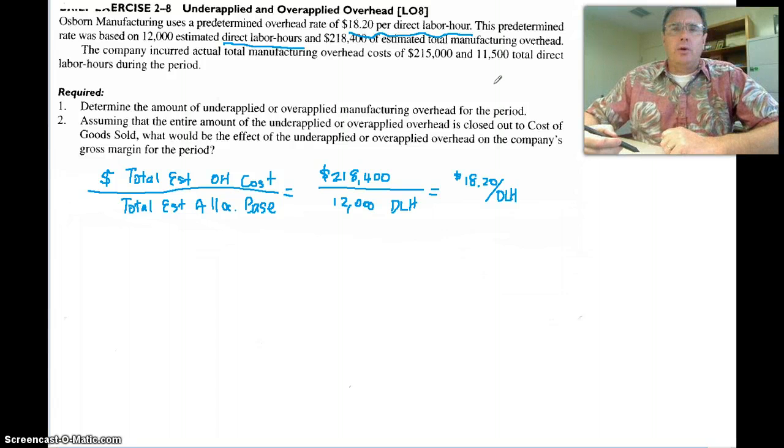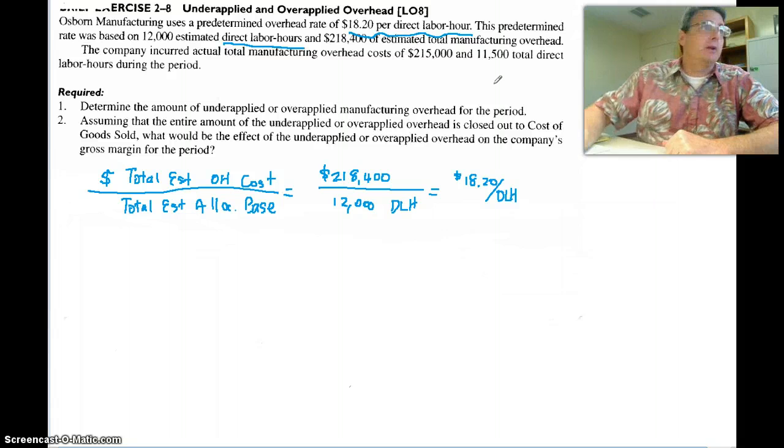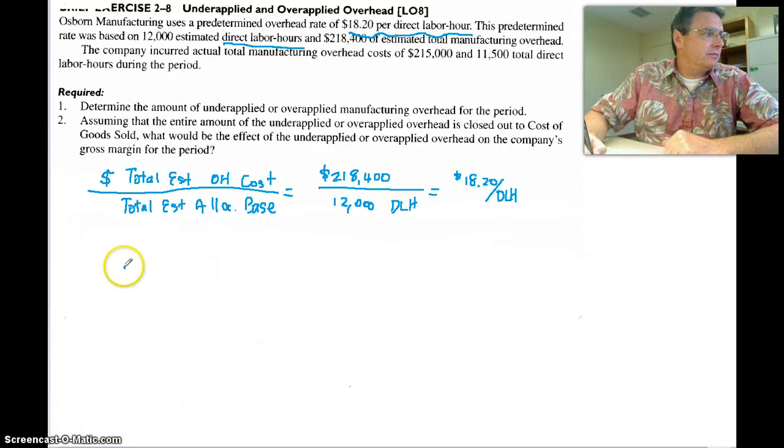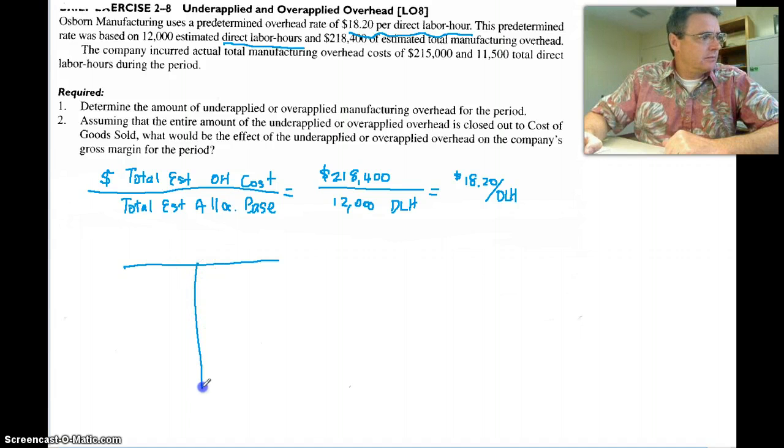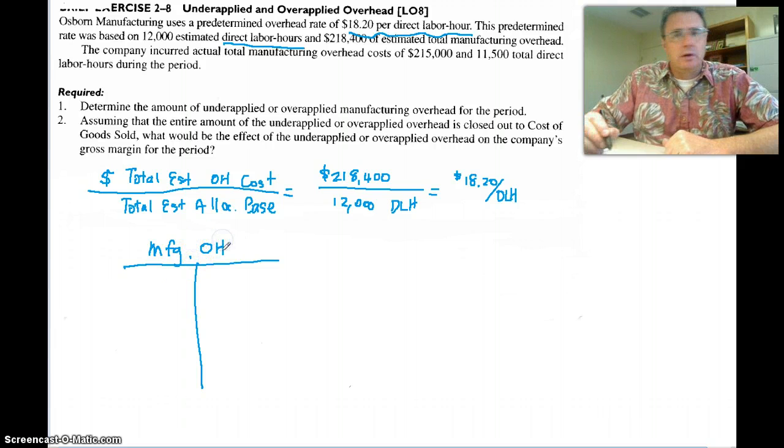So now we're on requirement 1. Determine the amount of underapplied or overapplied manufacturing overhead for the period. And you guys know how I love T accounts. Let's use our T account, the manufacturing overhead T account. And you remember what always goes on the left-hand side of the manufacturing overhead account?